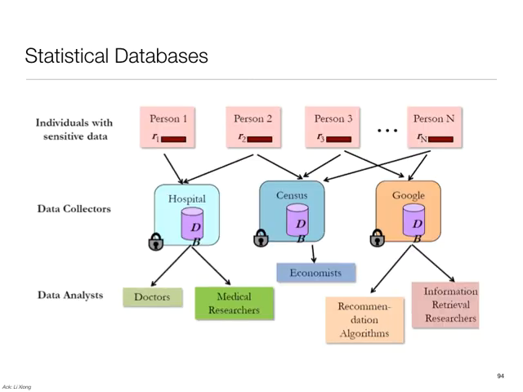So now what's happening is I have a whole bunch of users which have some private information as well, some normal human beings. And then there are various kinds of data collectors, hospitals and Census Bureau and Google and whatnot. And then there are lots of people who want access to that data to do things like they want to know statistics, they want to learn machine learning models and stuff like that.